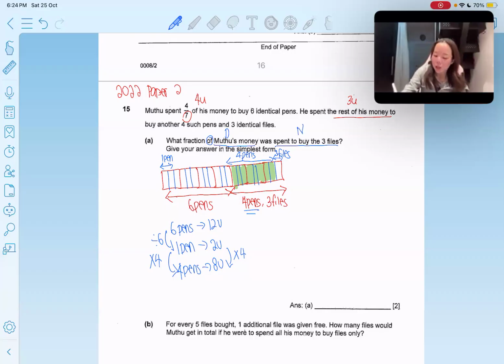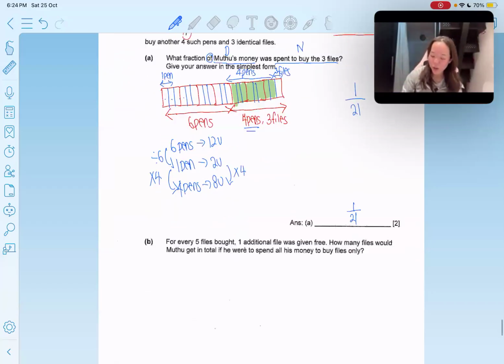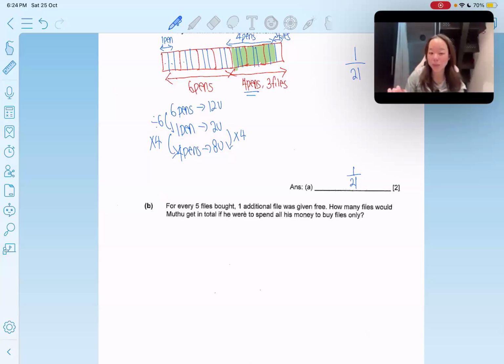What is my numerator? 3 files. 3 files is 1 unit. What is my denominator? Muthu's money all together. You count 3 times 7, you should get 21 units. So the answer is 1 over 21. Just count all the units. Very simple. Now let's go on to question B.